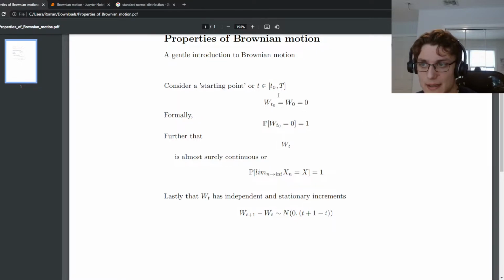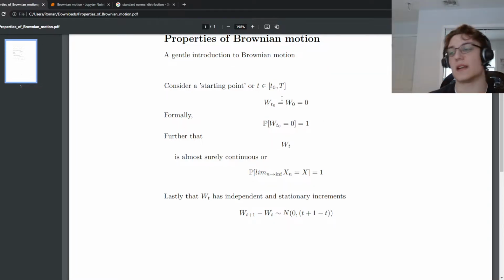Well, the first property is that W, meaning the process, Brownian motion, at time zero, so we could think of that as zero, which is today, is equivalent to zero. More formally, the probability that the Brownian motion at time zero is equal to zero is equal to one. There is a difference between saying that the probability of something is equal to one and certainty in an outcome. Those are two different things.